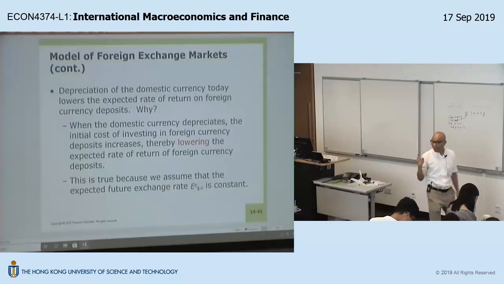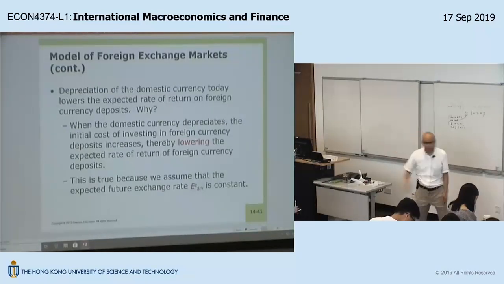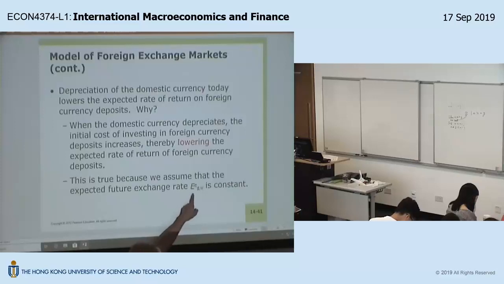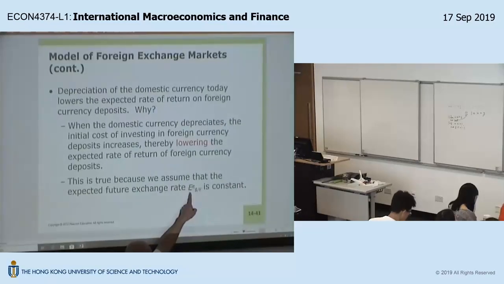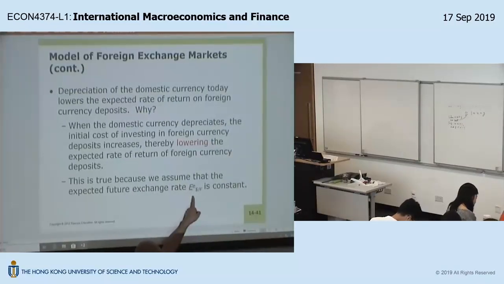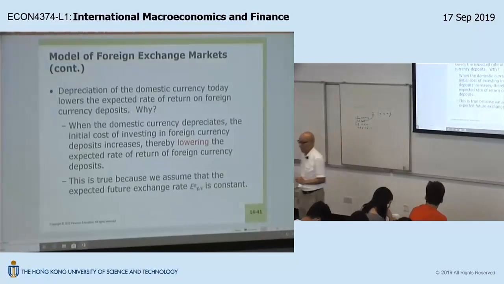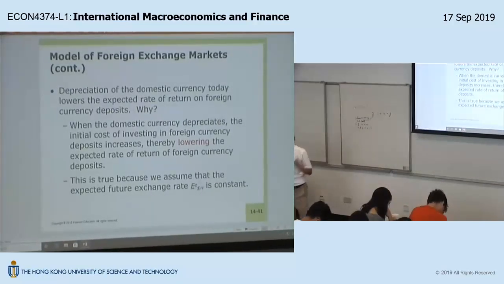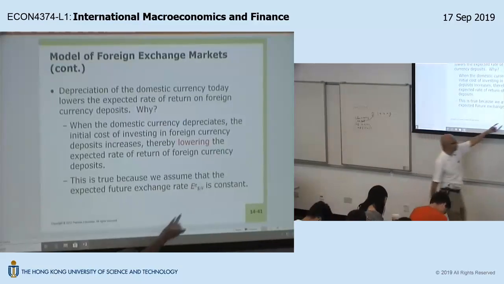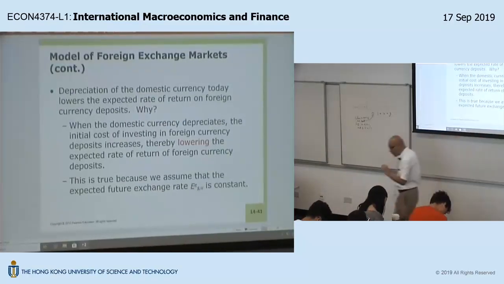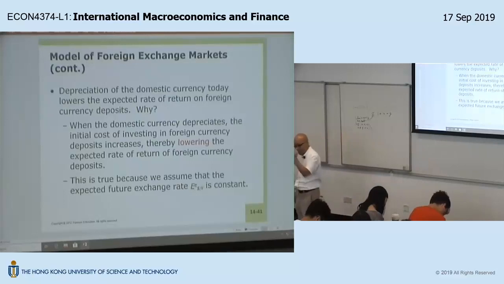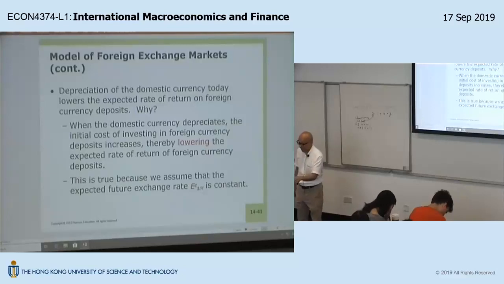And that reasonable price in this particular context is this thing. You think this is the reasonable exchange rate in the next period, and you believe it, and it's a constant. When this is constant, when E rises, that means that the currency depreciates today, you actually want to buy it.